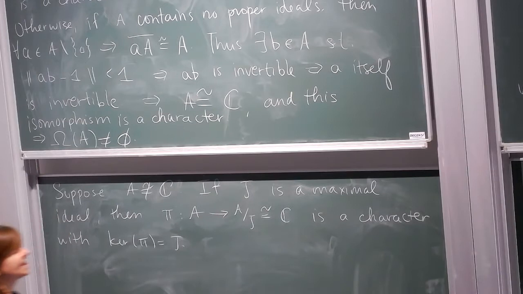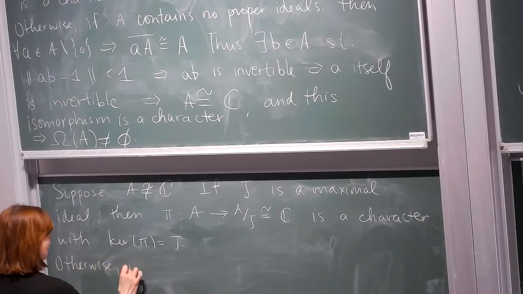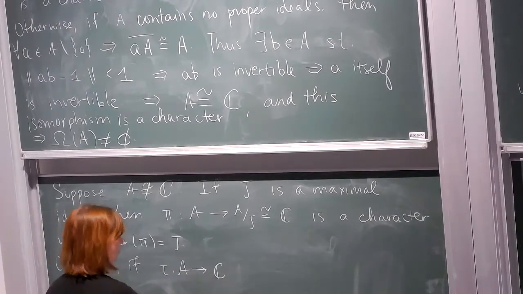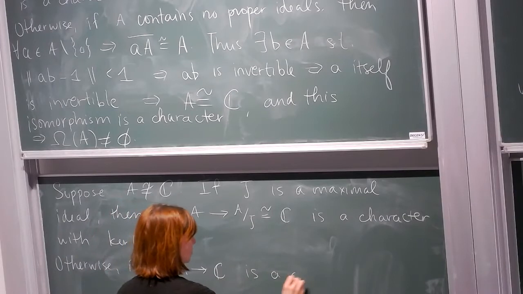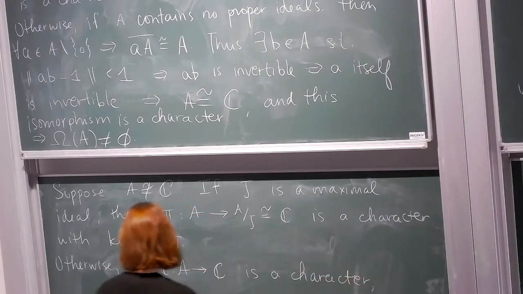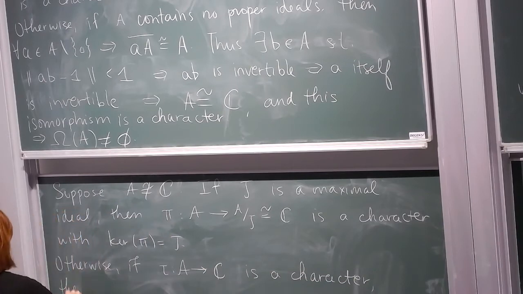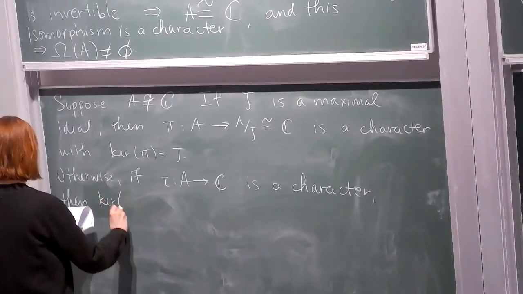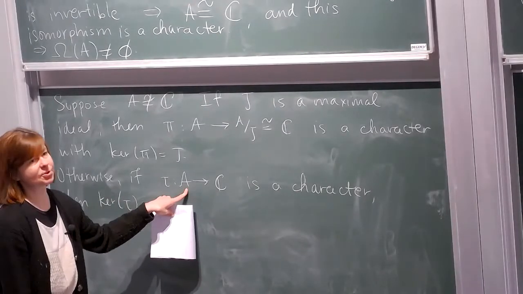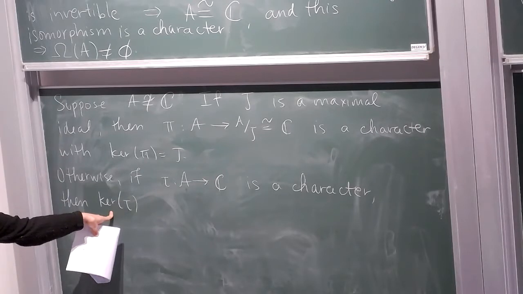Now we want to see that if we have a character, then its kernel must be maximal. Okay, we already know that since it's a Banach algebra homomorphism, this is at least going to be a closed ideal.